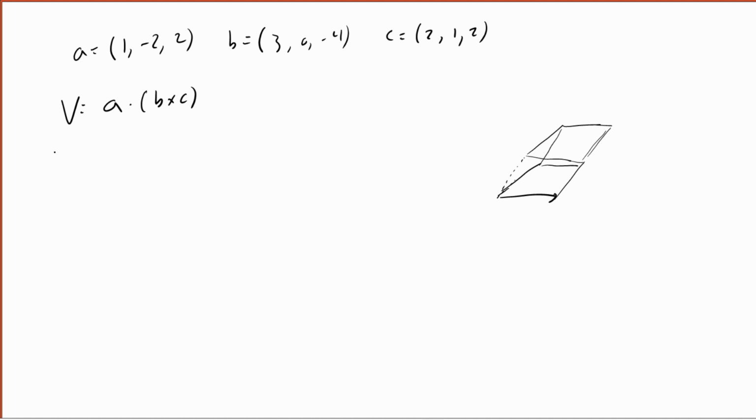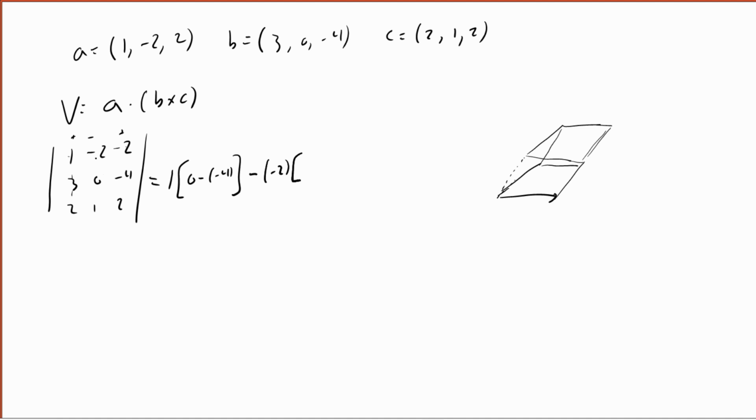But, okay, so to compute this, we do 1, minus 2, 2, 3, 0, minus 4, 2, 1, 2. So we have 1 times, we cross it out, plus, minus, plus. We have 0 minus 4 minus 2 times, cross this one out, we have 6 minus minus 8 plus, that should be a 2.